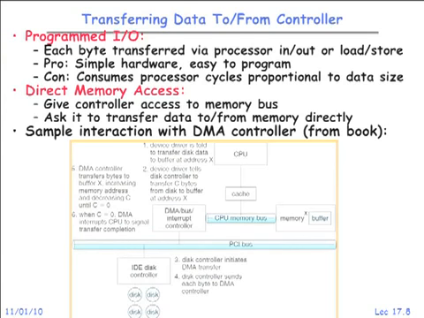Yes? Do most systems have a way for the processor to set up, like, mask out part of the memory so that the DMA controller can't write to it? So that's a great question. Do most systems have a way to mask out most of the memory so the DMA controller can't touch it?